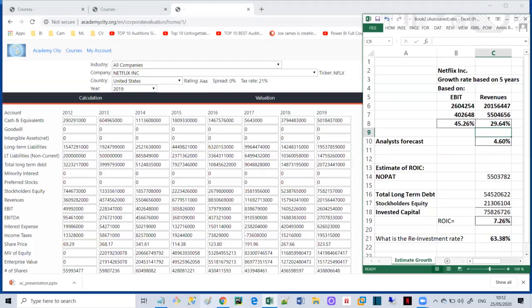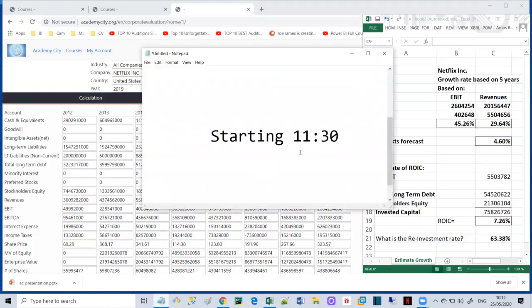Let's rewrite it in our favorite notepad.